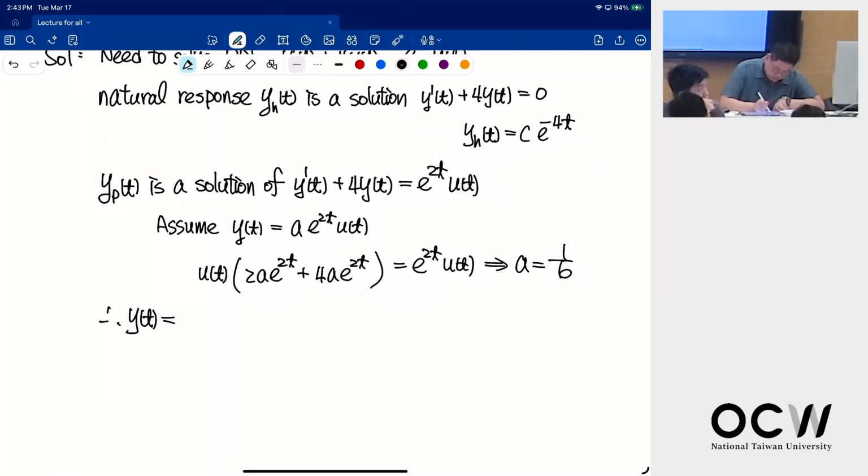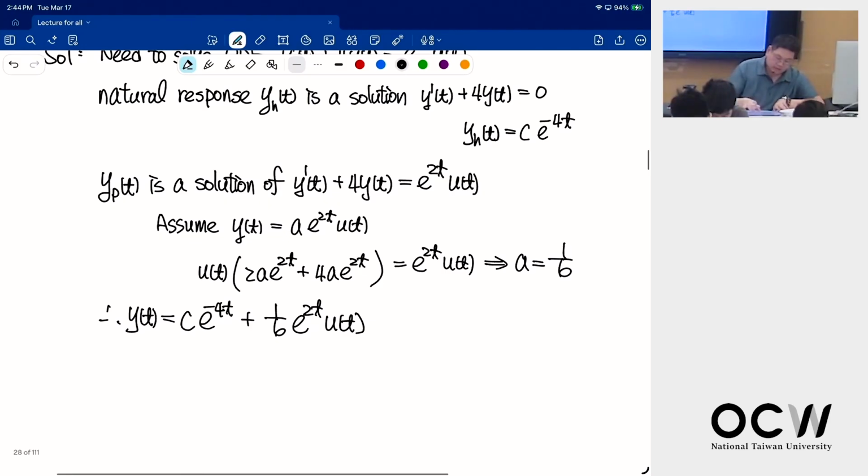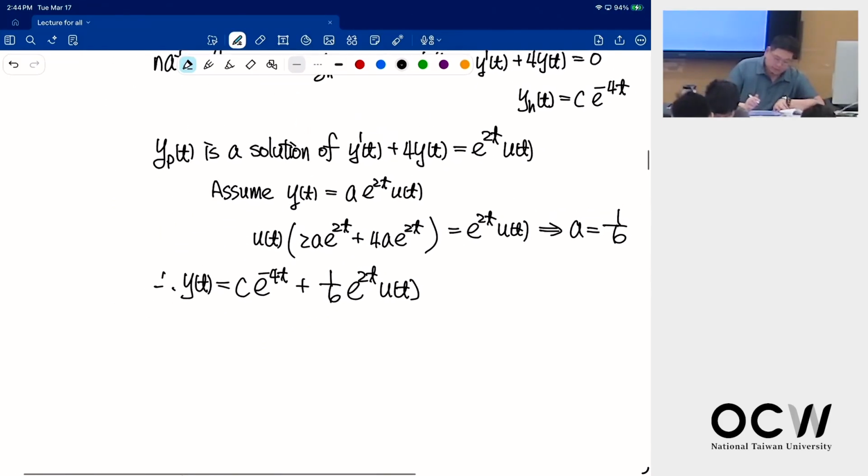So the overall solution, the general solution, will be the homogeneous or natural response plus the particular solution. And then for the constant C, how do we get the constant C?